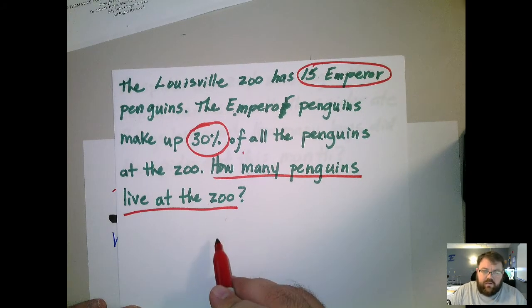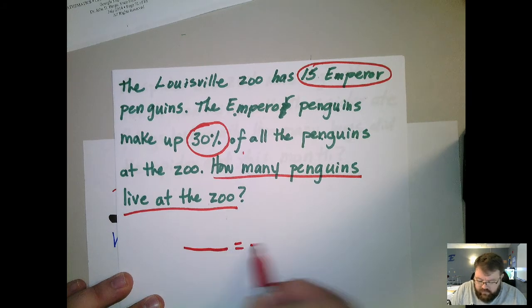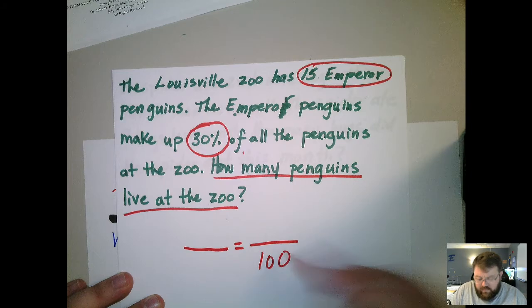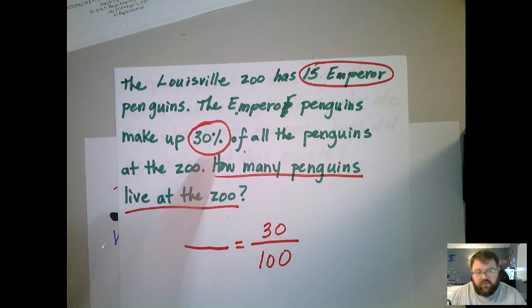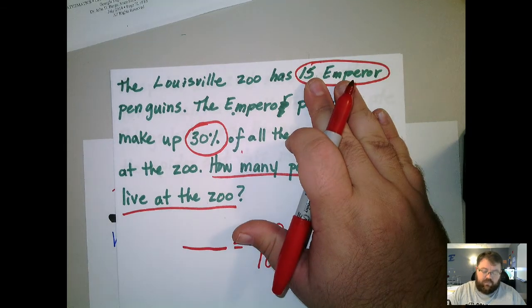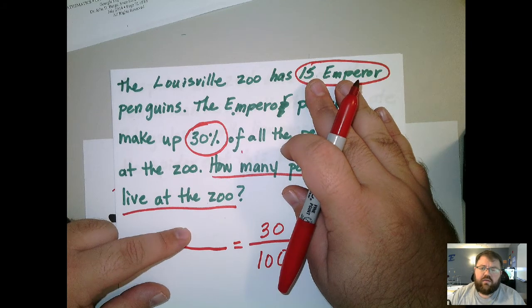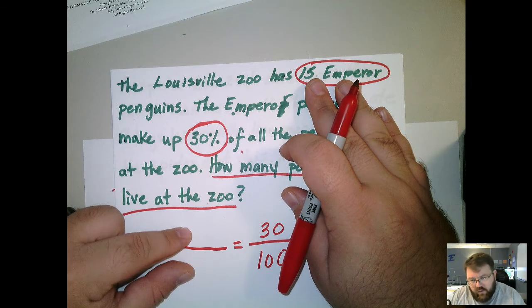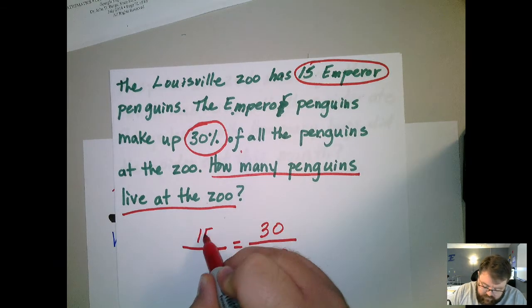Alright, so from here, what you want to do, start off line equals line. Go ahead and put your 100. You have a percent, so it goes above the 100. 15 penguins. Is that part of the penguins, or is that the whole amount of penguins? Hopefully you said it was the part.